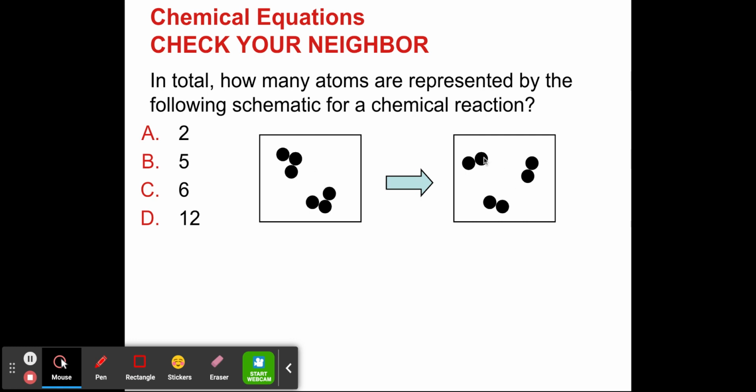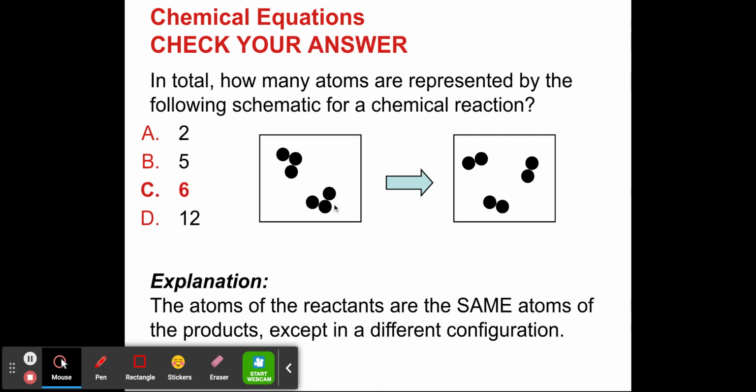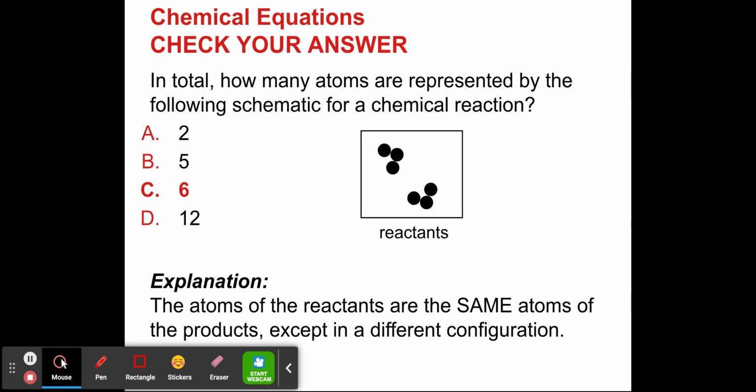But in this one, you still have 6 atoms, even though you now have 2 atoms attached to one another. So we will say that the number of atoms here is conserved. You had 6 atoms before, you have 6 atoms after. So that is what the law of conservation of matter is all about, or the law of conservation of mass. It's the same thing, okay?